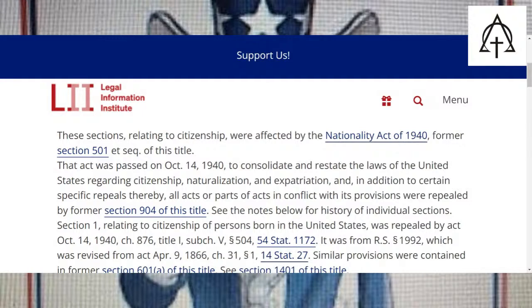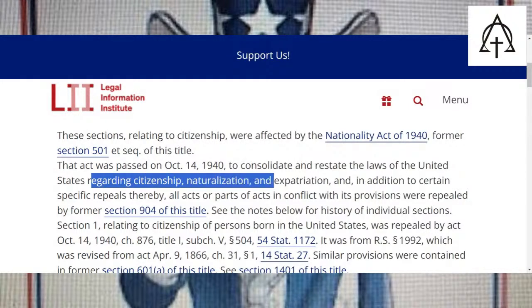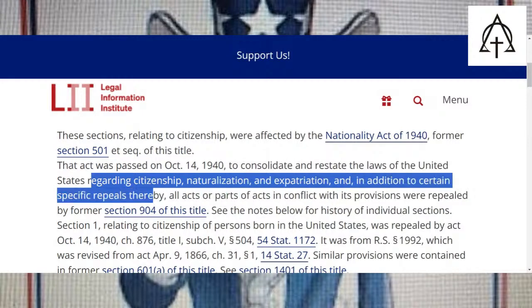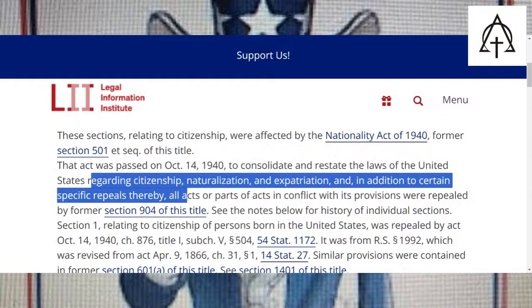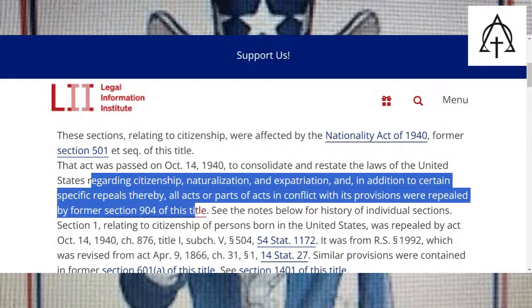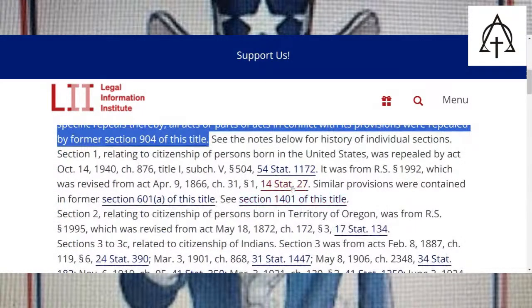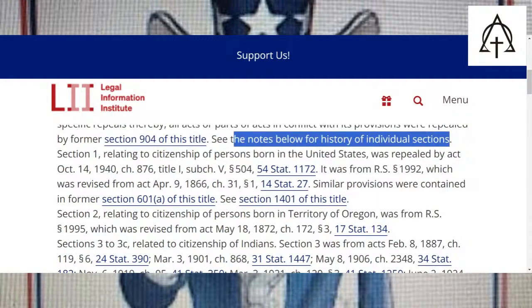That act was passed on October 14, 1940, to consolidate and restate the laws of the states regarding citizenship, naturalization, and expatriation, and in addition to certain specific repeals thereby, all acts or parts of acts in conflict with its provisions were repealed by former Section 904 of this title. See the notes below for history of individual sections.